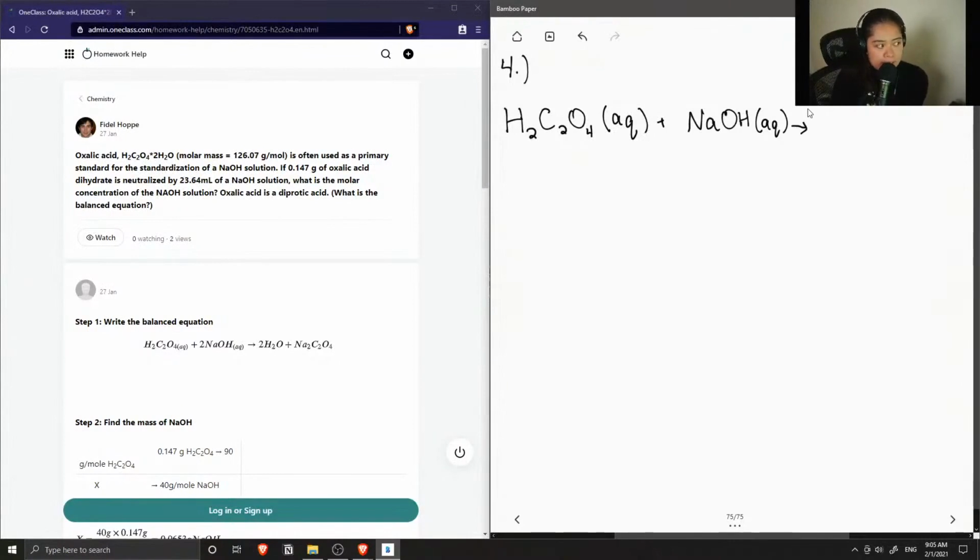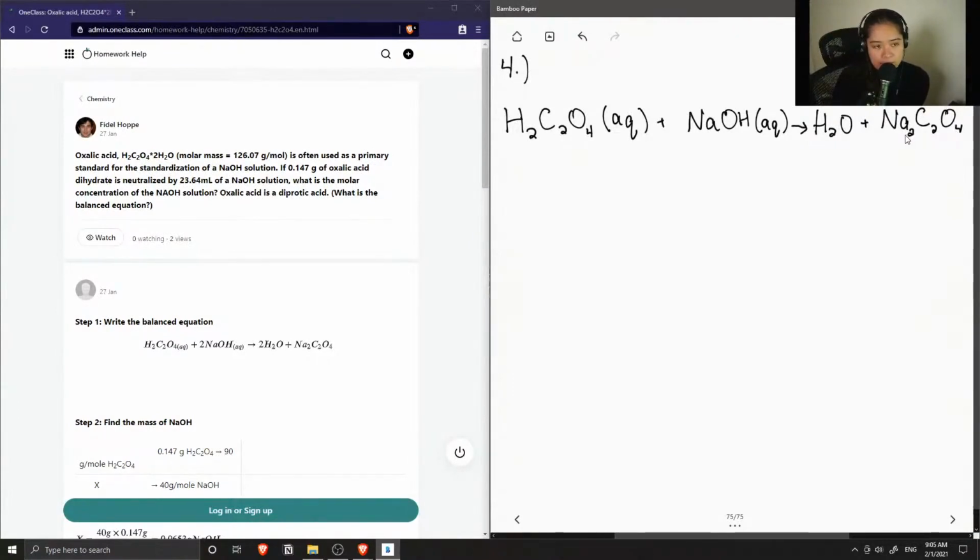And since this is a neutralization, we would form water plus a salt. So in this case, it would be Na2C2O4.